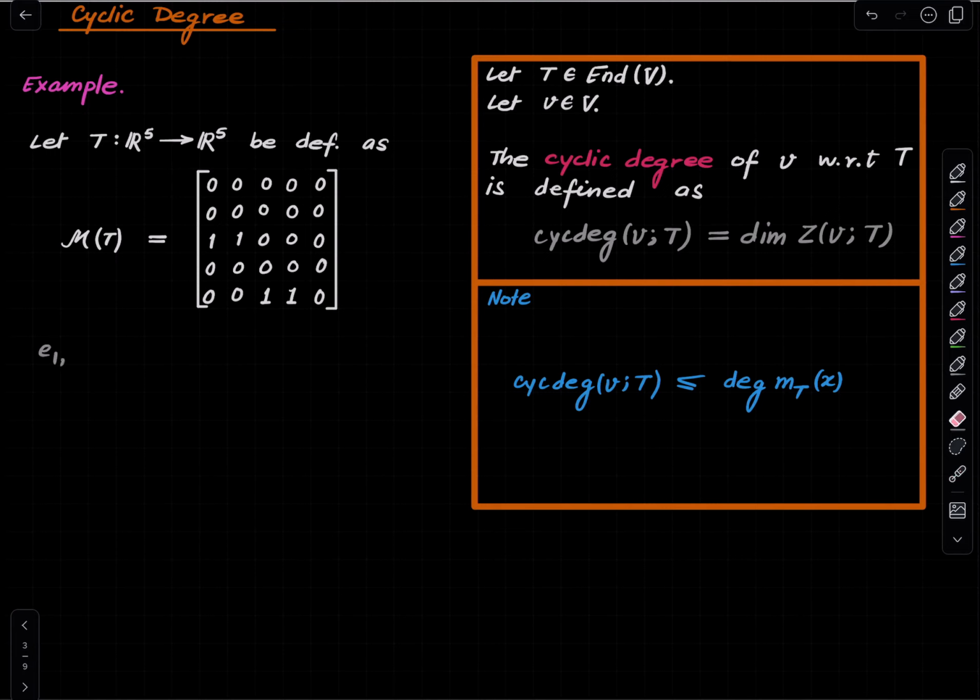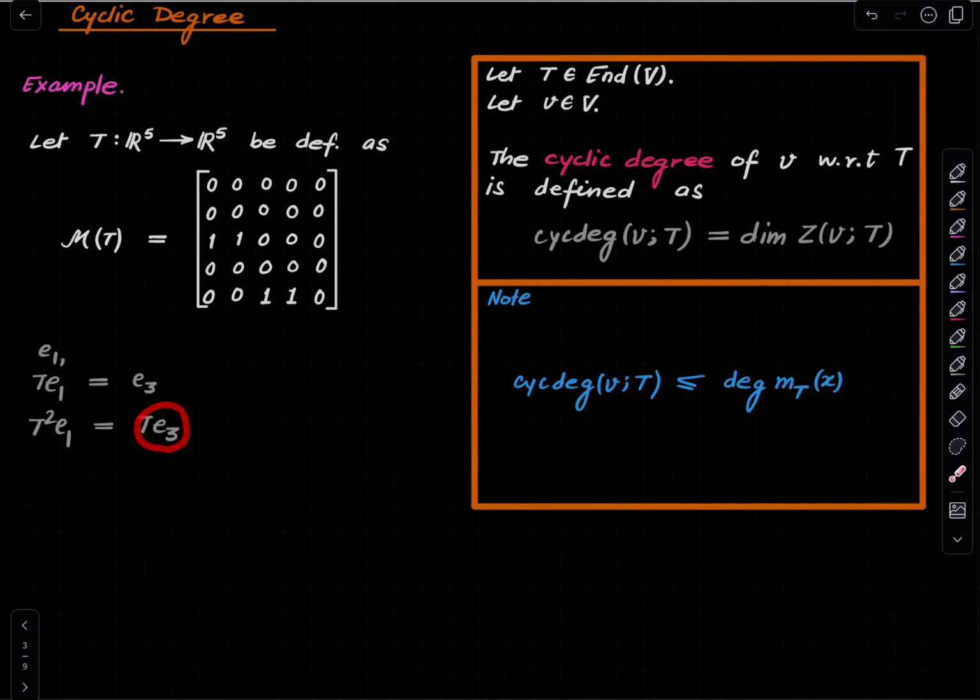So we have the vector e1, and then T of e1: if we look at the matrix, T of e1 has 1 in the third row, and everywhere else we have 0. So T of e1 is e3. And now let us find T squared e1. T squared e1 is T of e3, because T of e1 is e3.